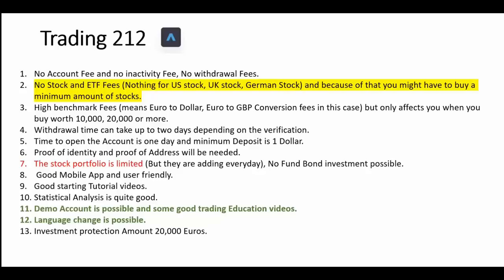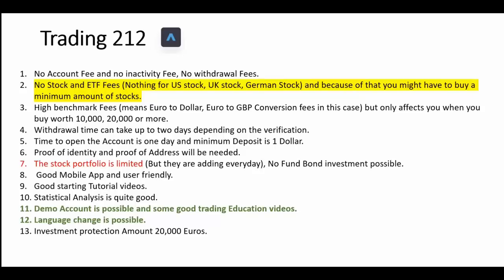So please make sure that you have an emergency saving fund which is ready to use whenever you want, and don't take out the money which you have invested because you can go into huge loss. I don't recommend putting all of your savings into investments. So this is not a major drawback for me and shouldn't be for you as well.